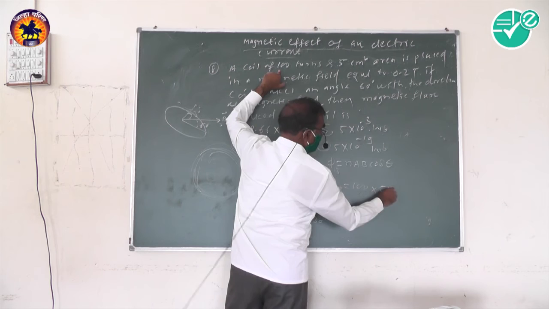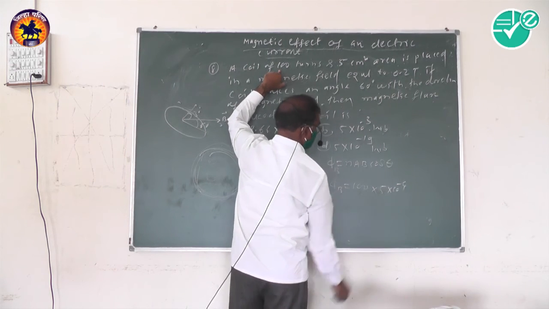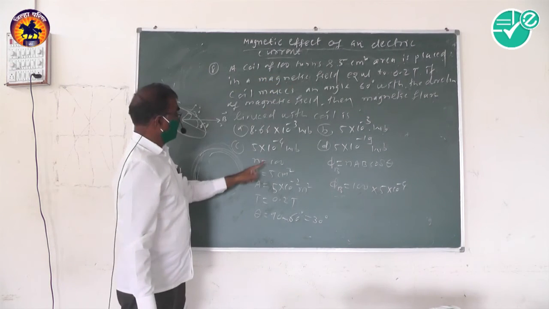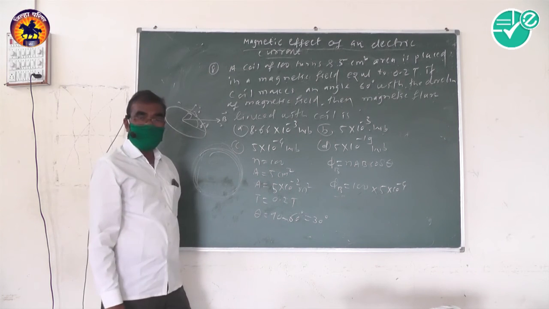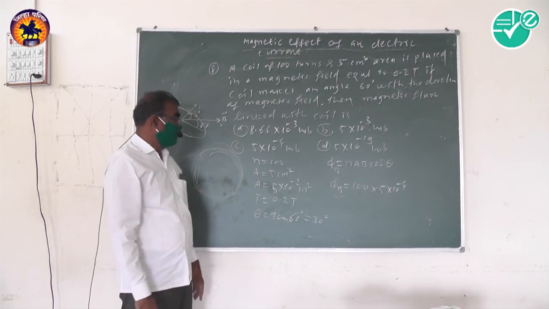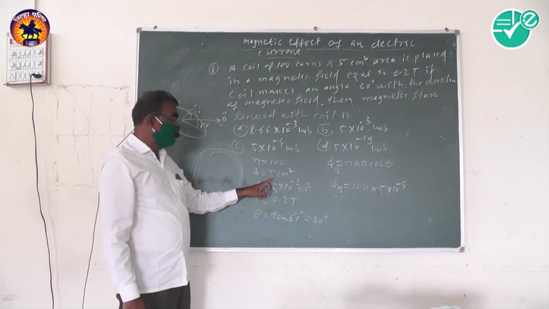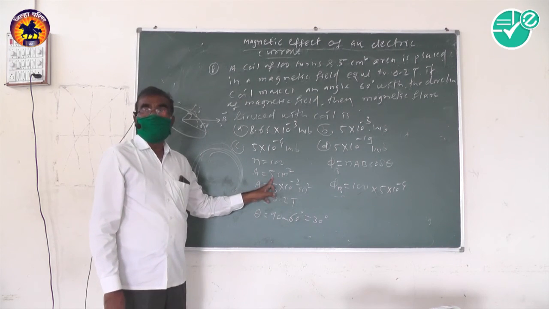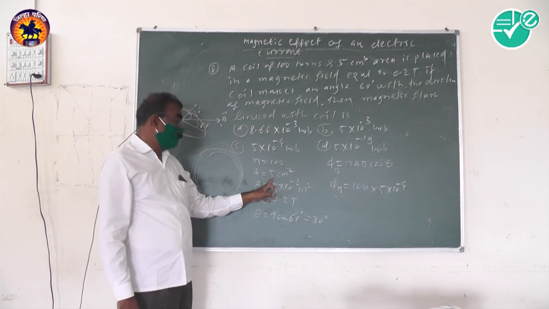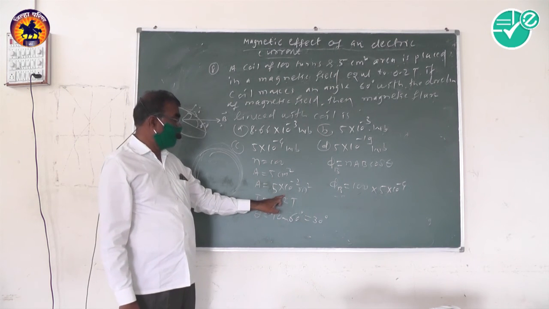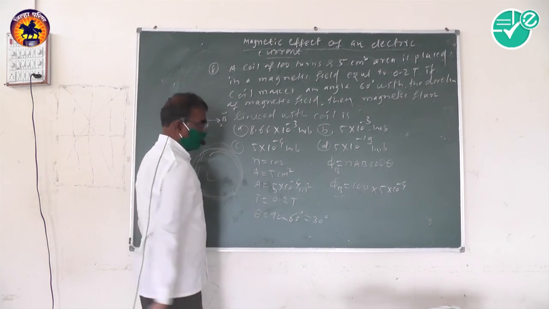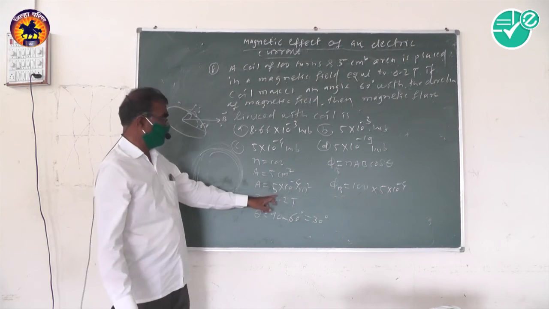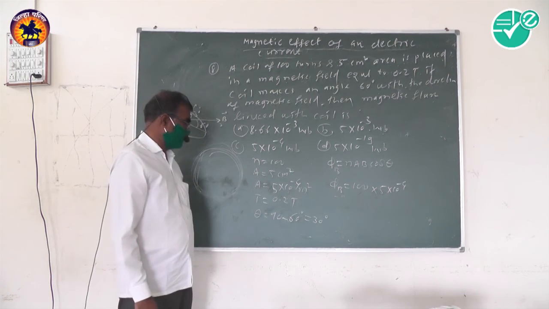Area is 5 into 10 raised to minus 4 meter square. The area is given in CGS system, and it converts into SI system by multiplying by 10 raised to minus 4 meter square.